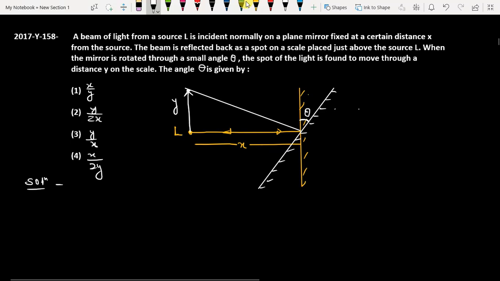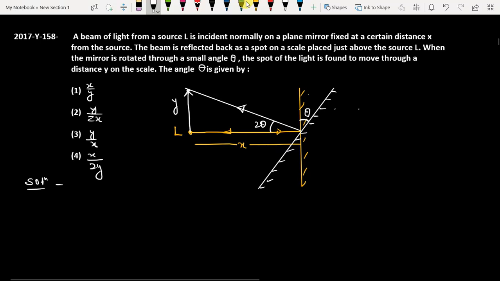Now just try to understand. We know that if you rotate the mirror by the angle theta, the reflected light ray will be rotated by the angle 2 theta, right? So this is the light ray which is reflected now, and this will shift then by 2 theta. This is the reflected light ray and this will rotate by 2 theta, and this distance is given to you, y, that we have to find out.